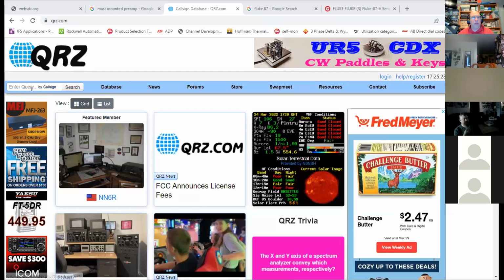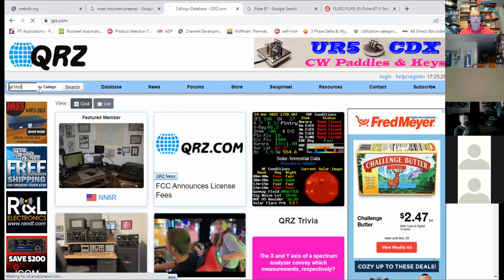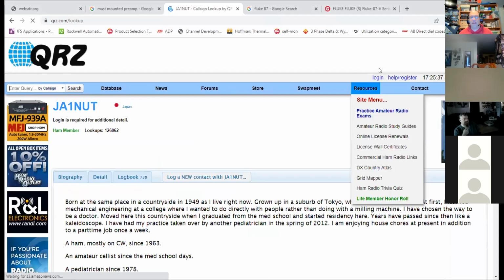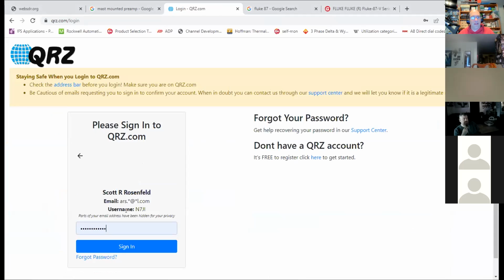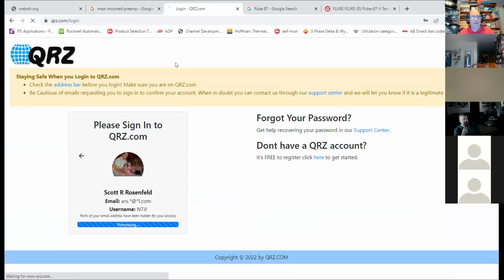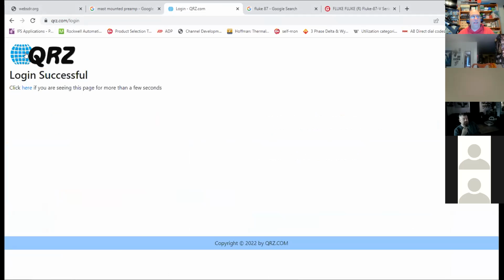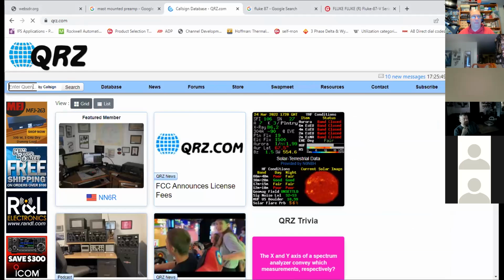English letters are not part of their alphabet, right? But if you look at a Japanese QSL card and call signs, like we'll go here and I'll share this. JA1NUT. Let's go to Duffy. Oh, I'm not logged in somehow. That's crazy. JA1NUT is a very active ham in Japan.